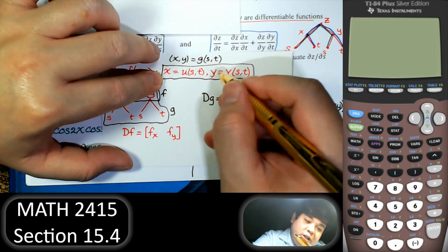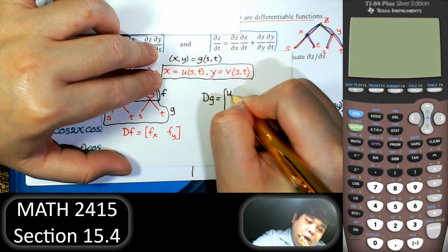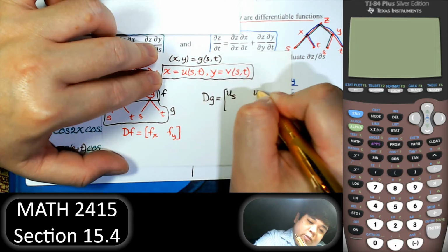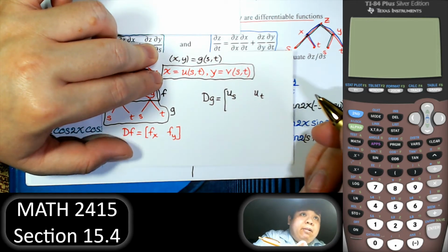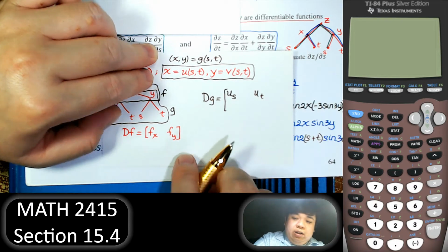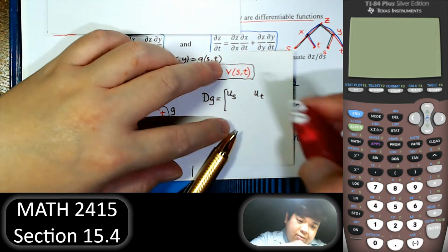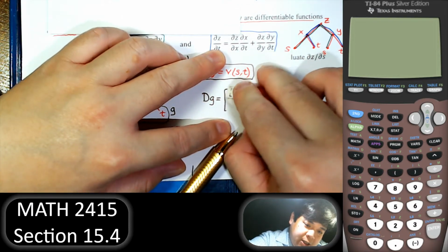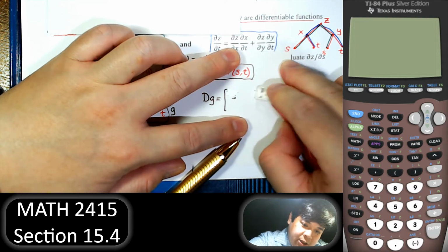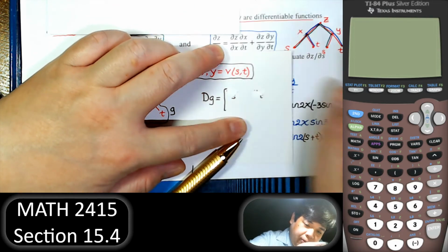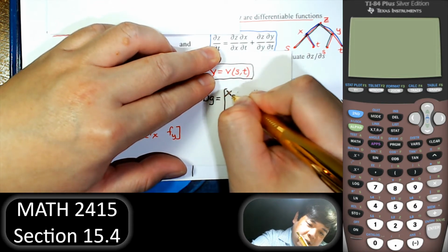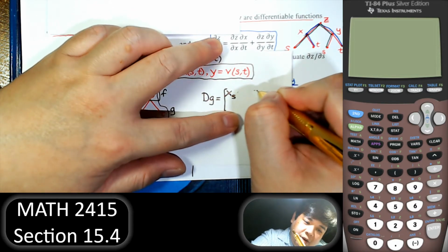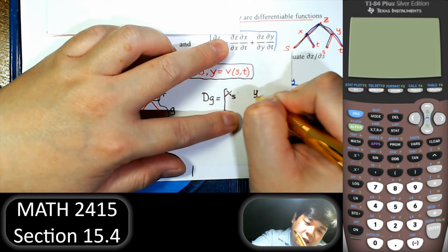So the first one we can say derivative of u with respect to s, derivative of u with respect to t. Or we can even write derivative of x with respect to s and derivative of y with respect to t.